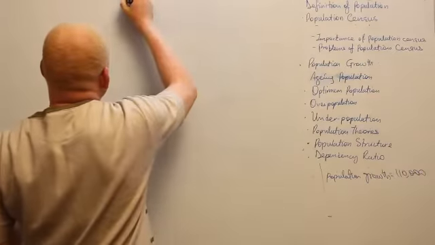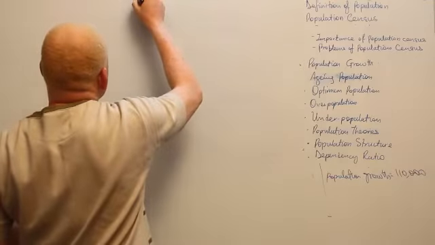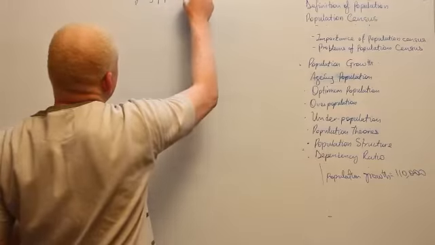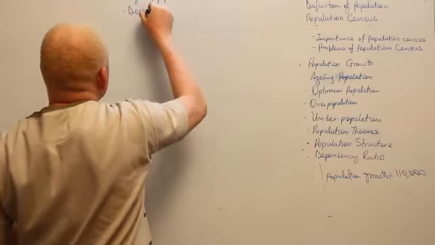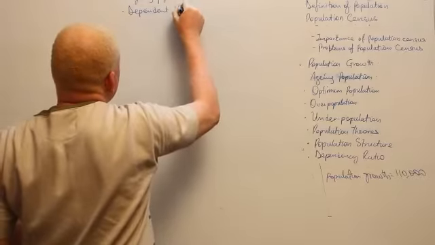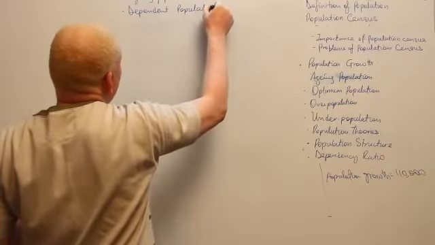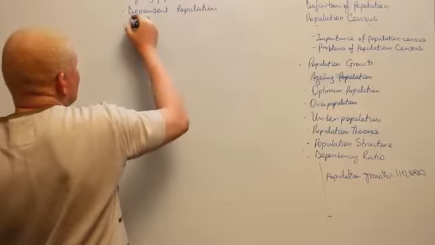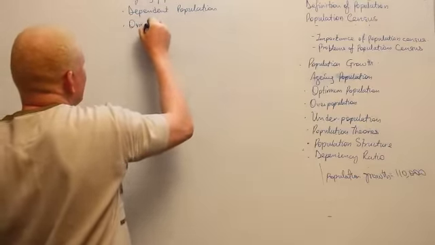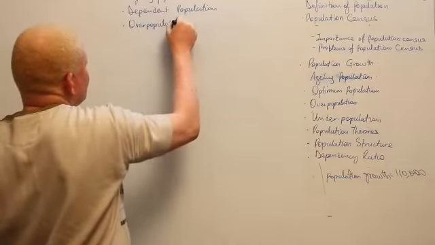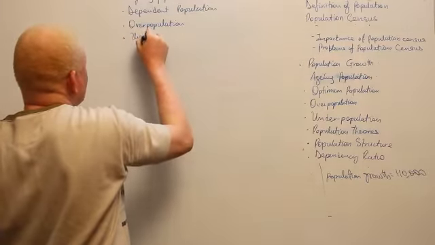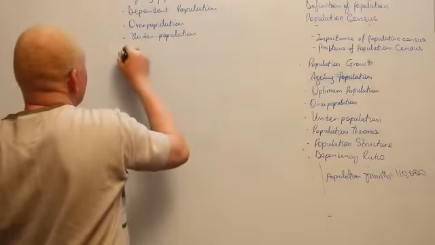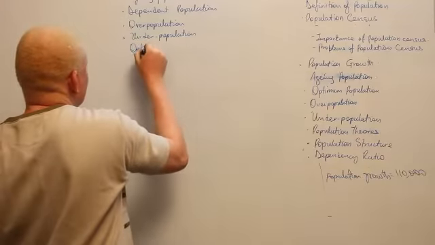That is where we have the aging population, we have the dependent population, we have overpopulation, underpopulation, optimum population.